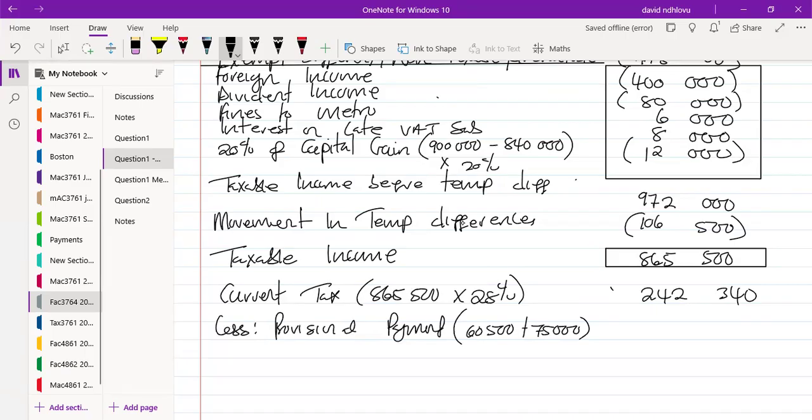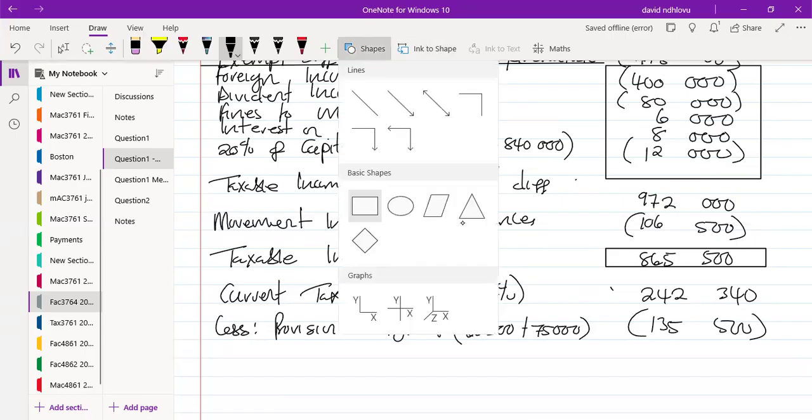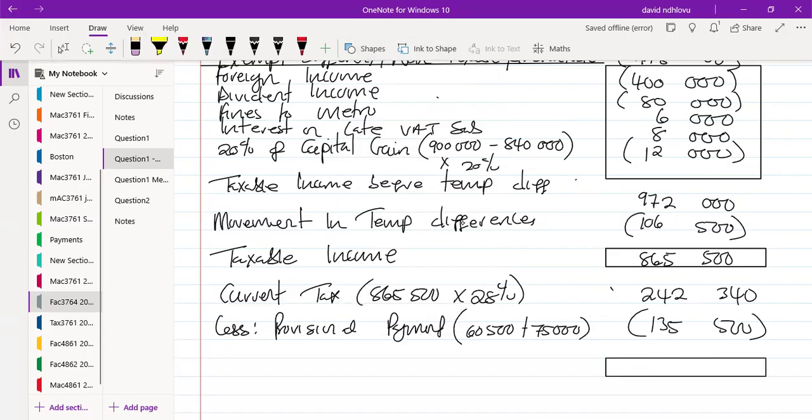Right, 60,500 plus 75,000. You have already paid 135,500 here. Right, so what is payable is the difference.